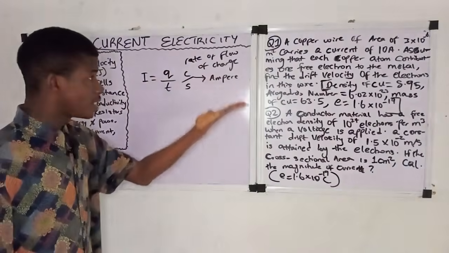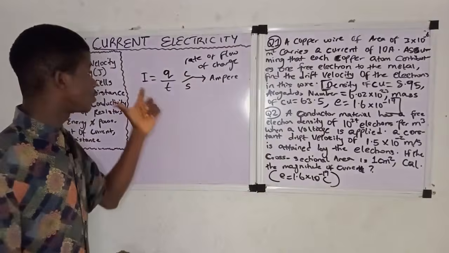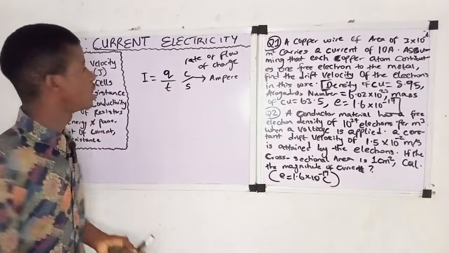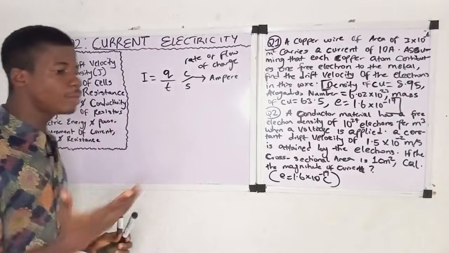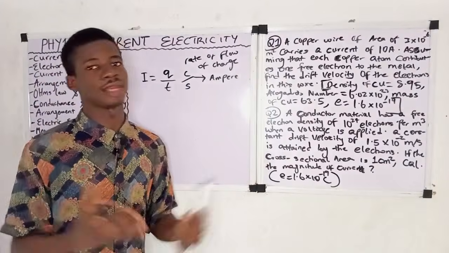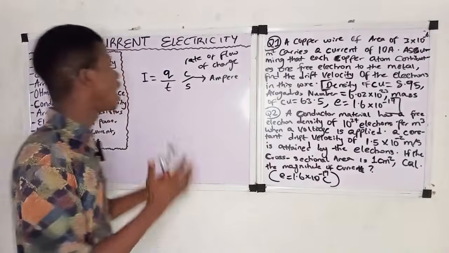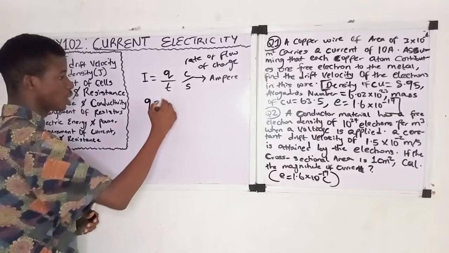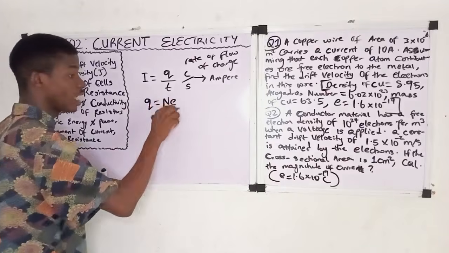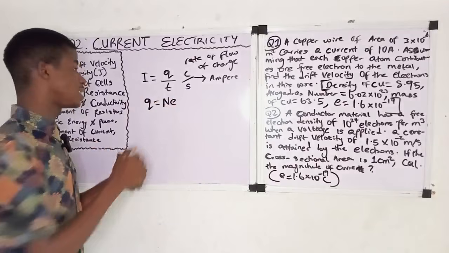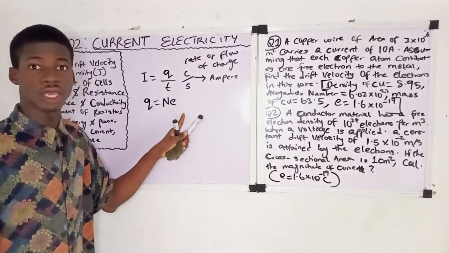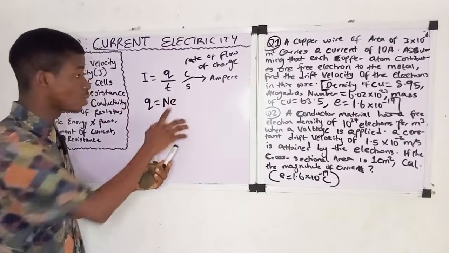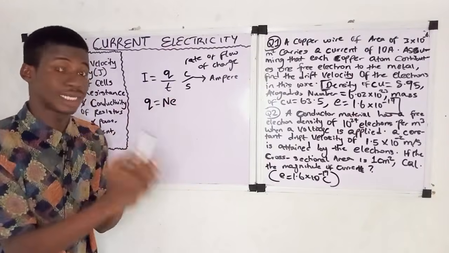So current is the rate of flow of charge, so current is equal to charge over time. Now, in our previous class under electrostatics, I told you guys that charge is equal to the number of electrons times e.